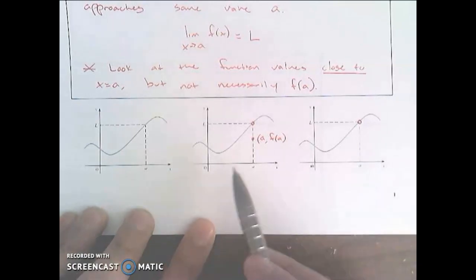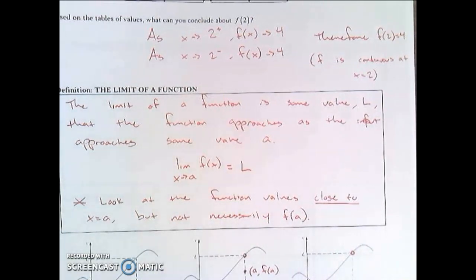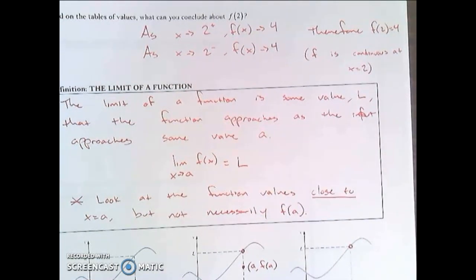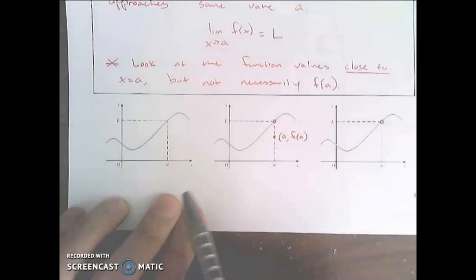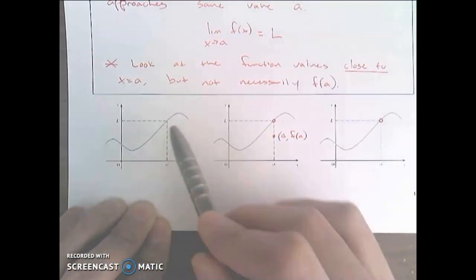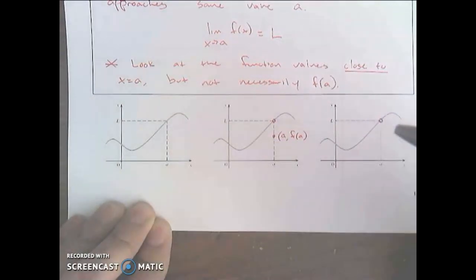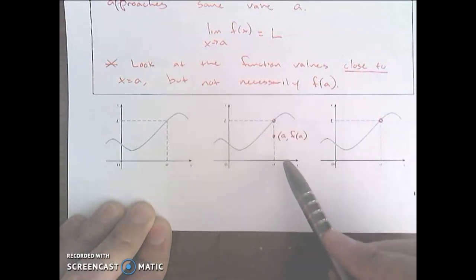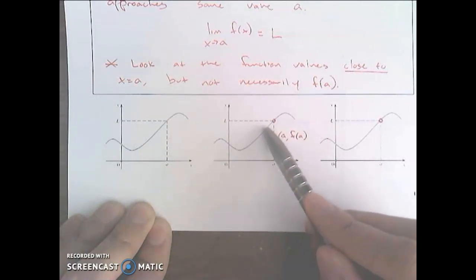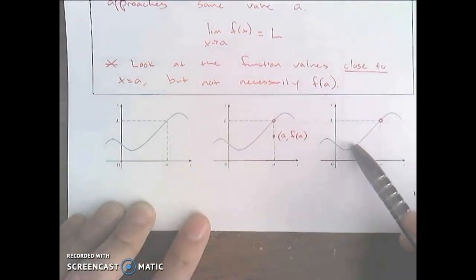Now, we're saying the limit is what the function approaches as we get close to the x value. So looking at a, as we get close to a, what does our function approach? Well, it gets really close to L. Here, the function approaches L. Now, at a, the function is something else, but it appears as we get close to x equals a, the function approaches L. And likewise, the same thing happens here.